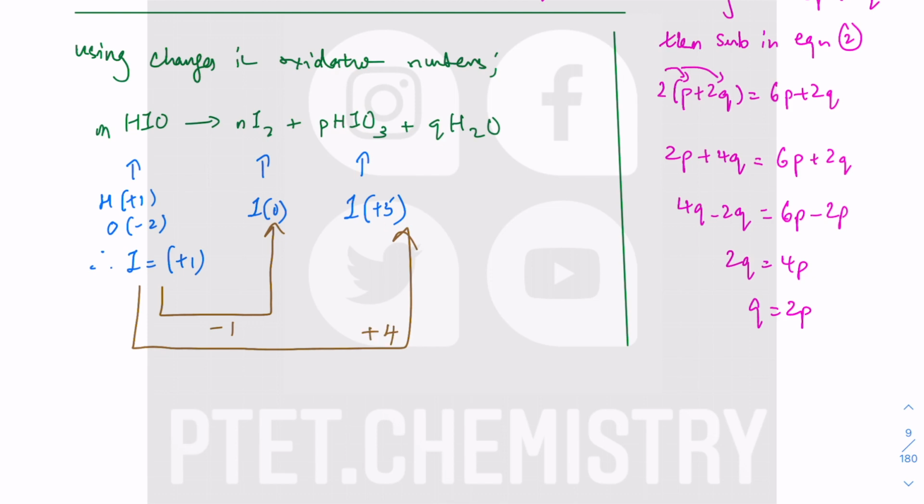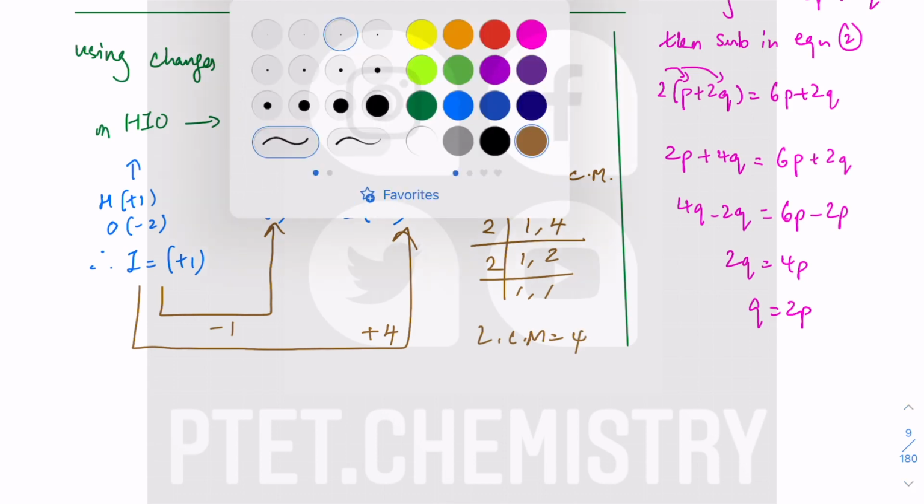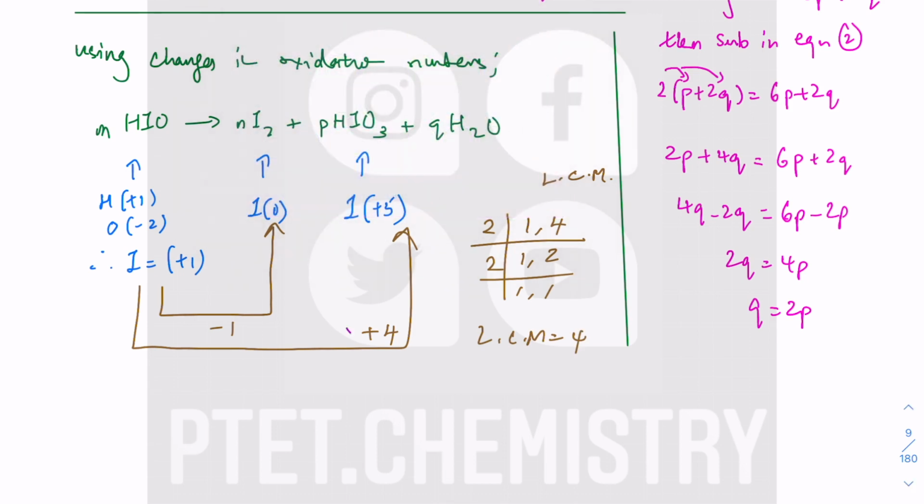The changes in oxidation number must balance out. This is a result of you gaining 1 electron. This is a result of you losing 4 electrons. So the lowest common multiple, primary school mathematics, 1 and 4. The lowest common multiple is going to be 4. Meaning to say, I need to multiply this by 1 and I need to multiply this by 4.